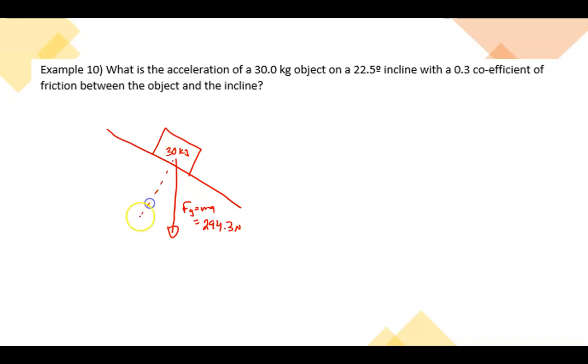We can find the parallel and perpendicular components to this. And we know it's 22.5, 294.3 sine 22.5. And so we'll do these calculations. This one is 112.6 newtons.